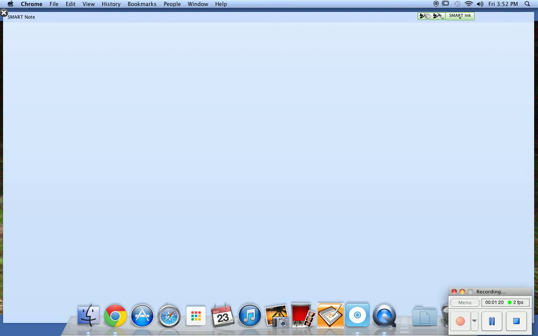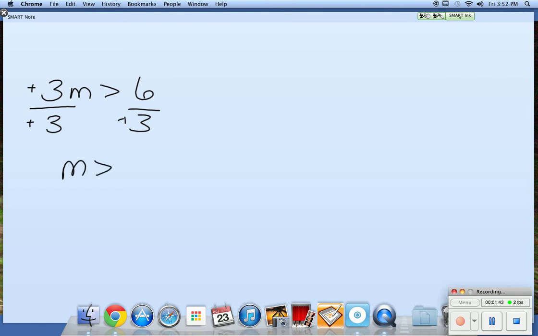Same as what we had before. If we used 3m is greater than 6, we divide both sides by 3. Since we're dividing both sides by a positive, nothing changes. This works the same as what we've done before. m is greater than 2 would be your result.